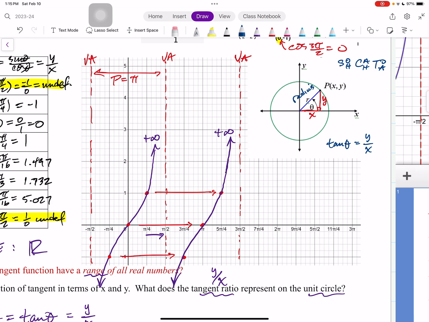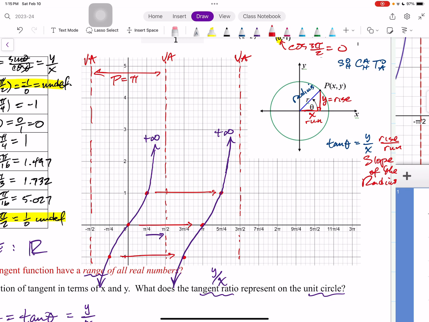If you go back to, let's say, algebra 1 for a second, this is called the run, and this is called the rise. When you take the rise and divide it by the run, you get the slope, in this case, of the radius. So the tangent function gives you the slope of the radius at any angle theta.